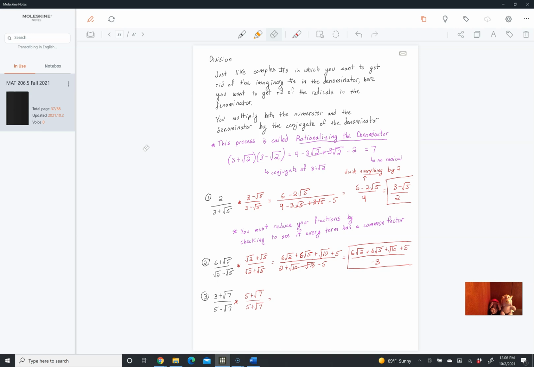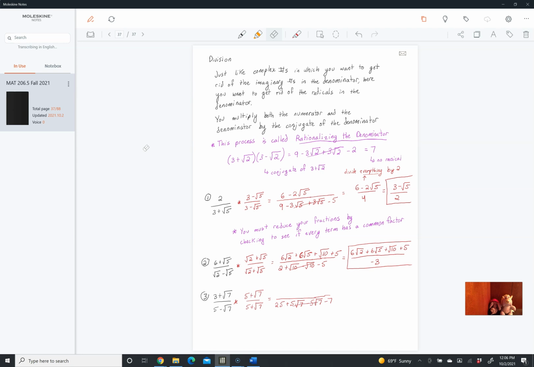So let's do the bottom first, just to double check. 5 times 5 is 25. Plus 5 root 7 minus 5 root 7. And then negative root 7 times positive root 7 is minus 7. So these middle terms do cancel.